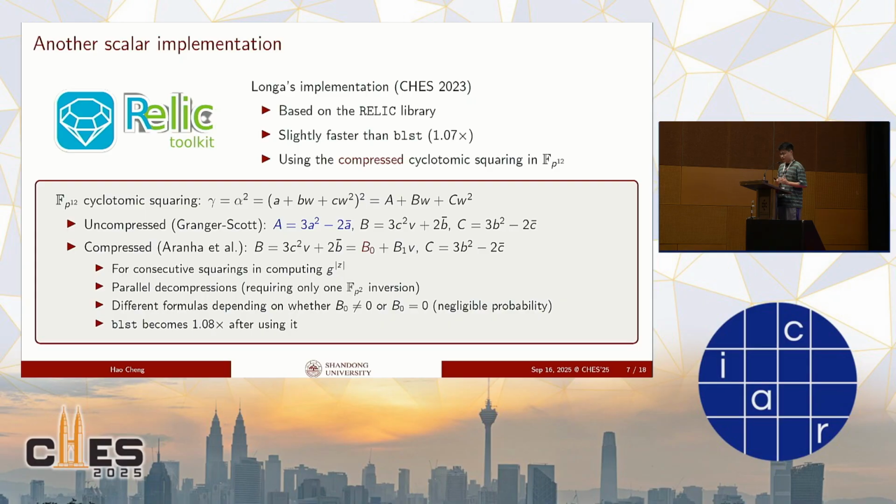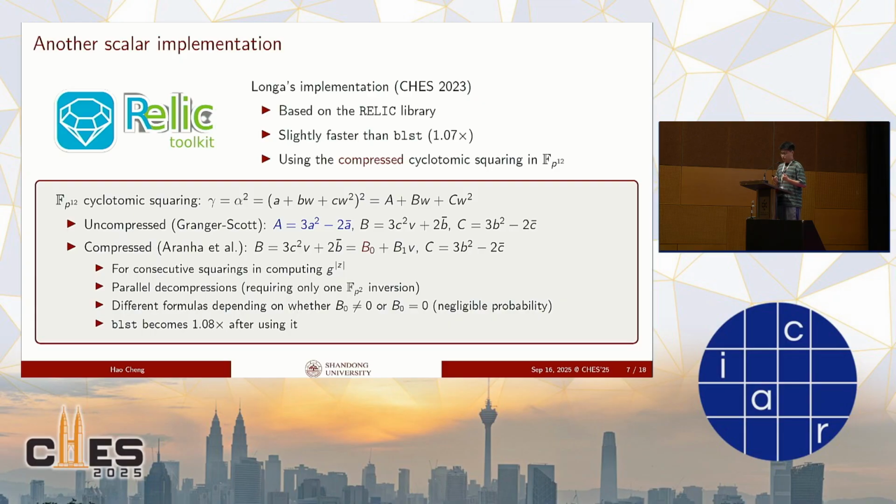To make it clear, the BLST library uses the uncompressed cyclotomic squaring, which was proposed by Granger and Scott. And Longa's implementation, or we say the RELIC library, used the compressed cyclotomic squaring, which was proposed by Aranha et al. So the difference between these two versions is in the computation of the consecutive squarings.